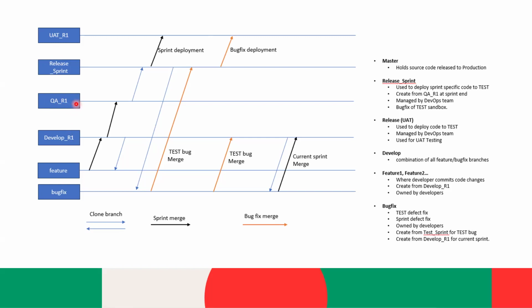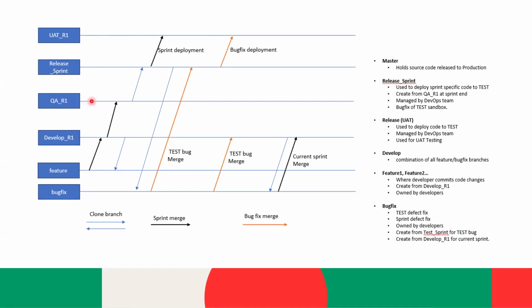Now sprint 2 has started and the normal process goes on: clone, development, and QA deployment, right? But in UAT, we cannot directly push our changes from QA to UAT. Why? Here sprint 2 code is present.